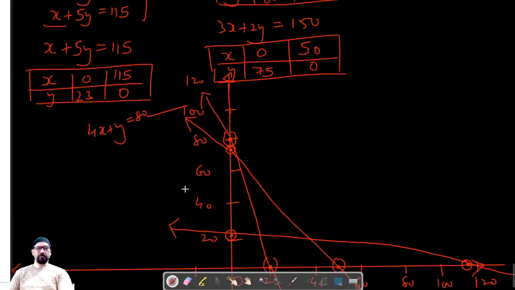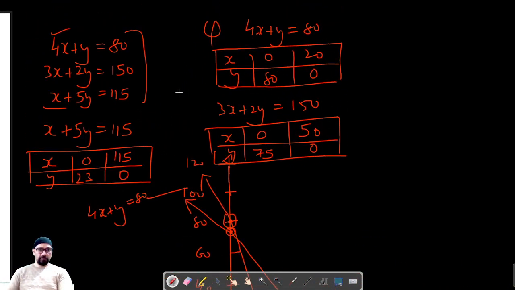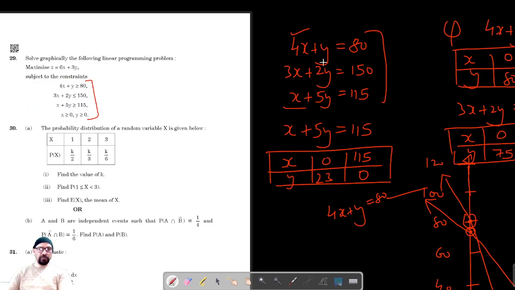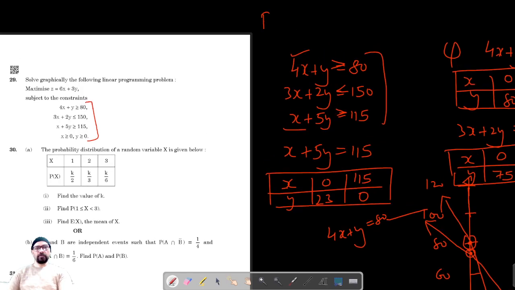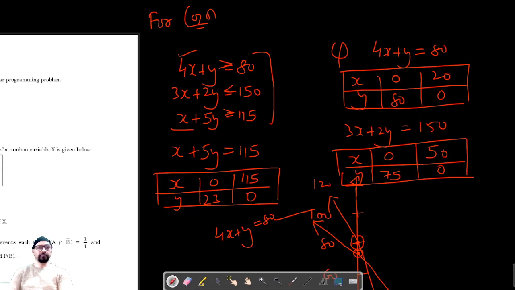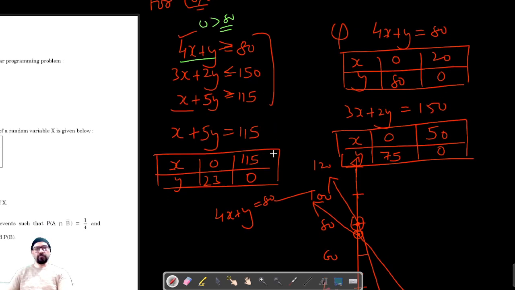Okay, let's try to get the solution region. So this is greater than or equal to 80, this is less than or equal to 150, and this is greater than or equal to 115. I'm going to check them for 0, 0. For 0, 0, 0 is greater than 80, which is false.